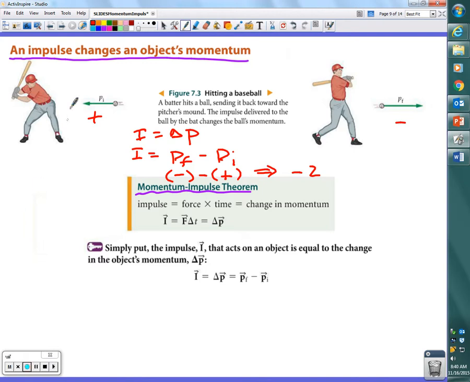Even if we had flipped these around and called this the negative direction and called this the positive direction, when we do final minus initial, we have positive minus a negative. And when we do that, that actually gets us twice as big of a number.